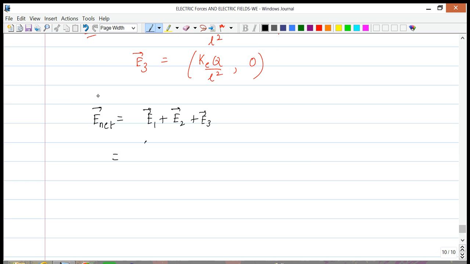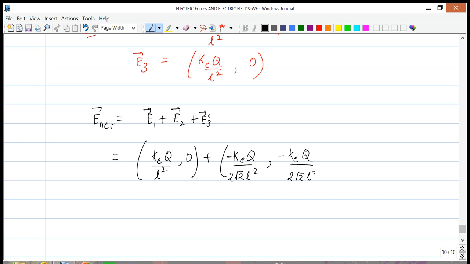So this is going to be equal to Ke Q over L square, comma 0, plus negative Ke Q over 2 square root 2 L square, comma negative Keq over 2 square root 2 L square, plus 0, comma Keq over L square.